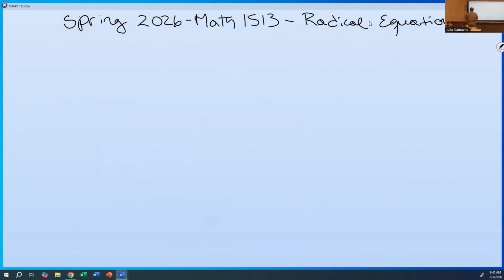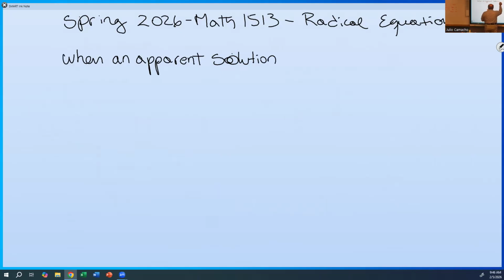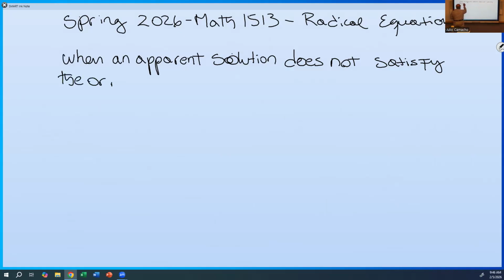Question number 1 in the assignment says, when an apparent solution does not satisfy the original equation is called, how is it called?